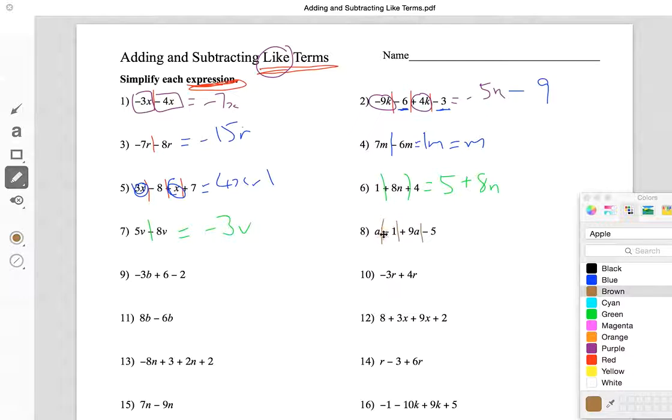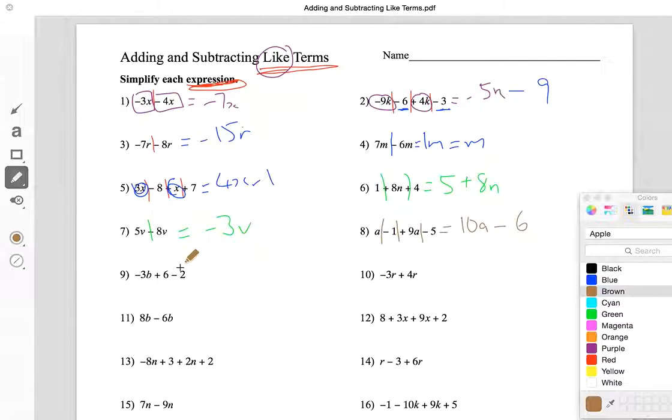So the like terms here, a and 9a. A by itself is the same as 1a. So 1a plus 9a is 10a. And in terms of your constants, the terms with no algebra, your constants here are minus 1, minus 5. Minus 1 minus 5 is minus 6.